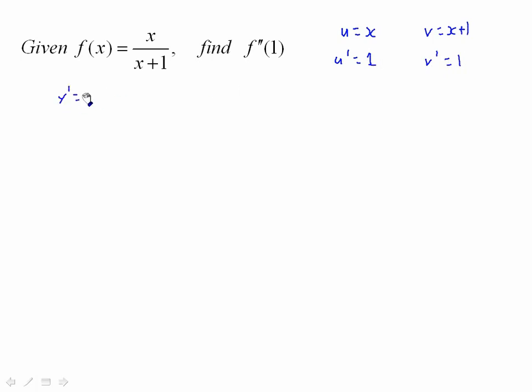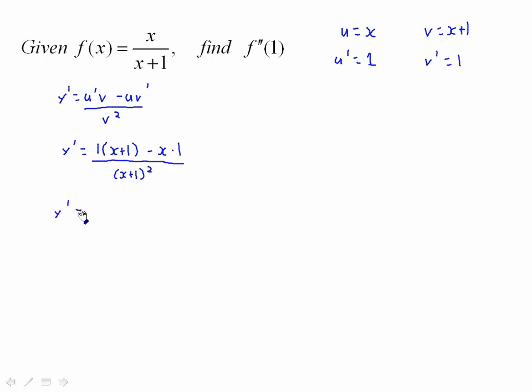So y prime, as always, is equal to u prime v minus u v prime over v squared. So y prime is equal to u prime, which is 1, times x plus 1, minus u, which is x, times v prime, which is 1, all over v squared, so x plus 1 to the 2.